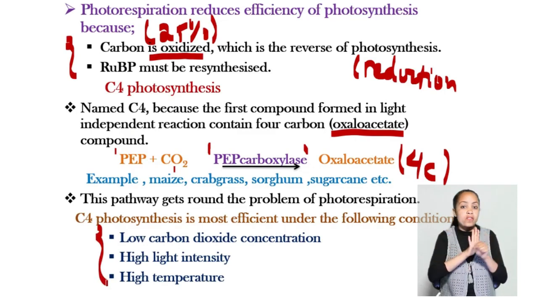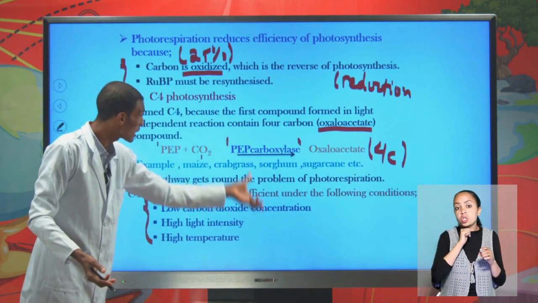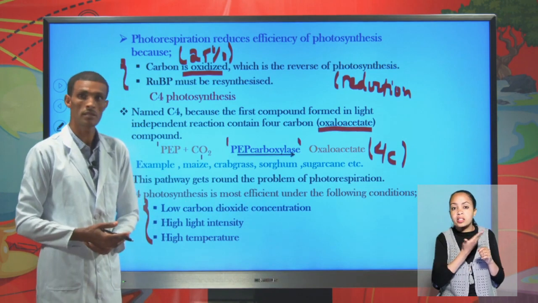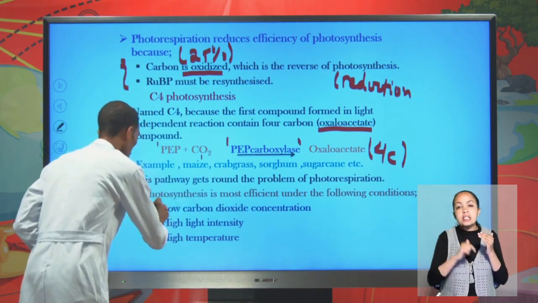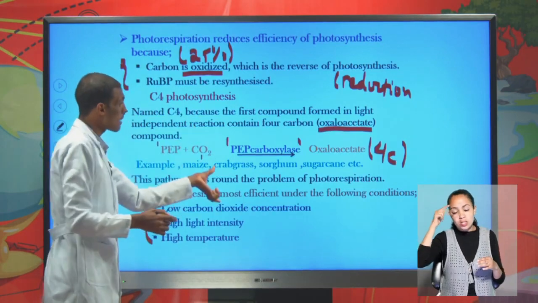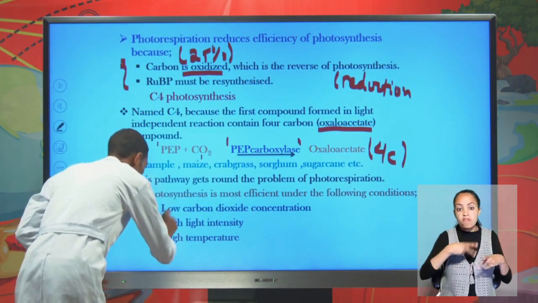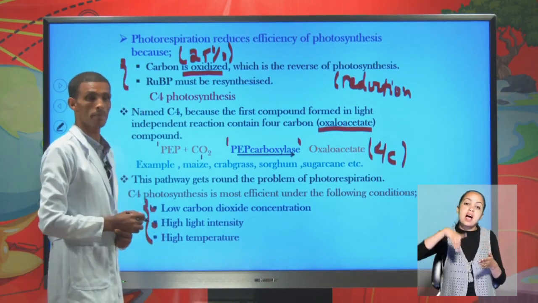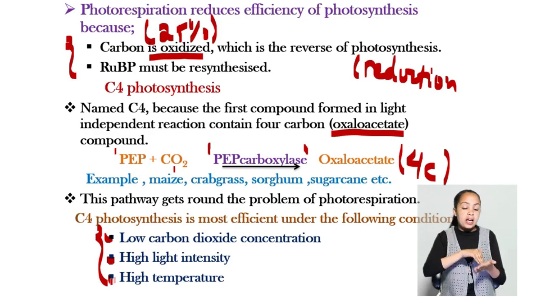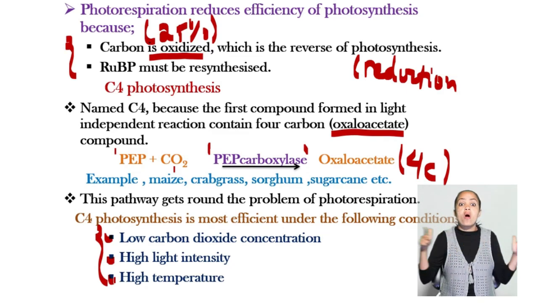If the concentration of carbon dioxide becomes low in the leaf, there is no other alternative carried out by C4 plants. Rather, they can continue to photosynthesize. Because these plants are positioned in tropical environments, they capture high light intensity. And again, there is high temperature. This is why C4 plants are widely productive compared to C3 plants.